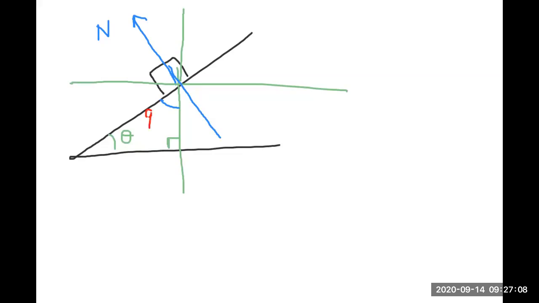This angle will be 90 minus theta, and therefore this red angle will be theta. Right?